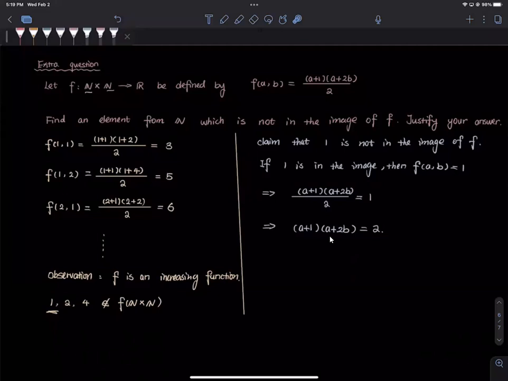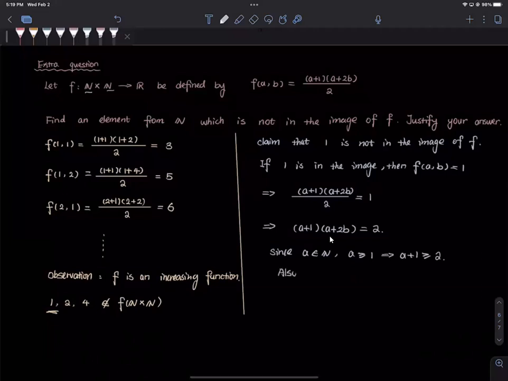So I'm going to say this. It's similar to what you said. Since we can definitely use your argument, since a is a natural number, which means a is greater than or equal to 1, this leads that a plus 1 is greater than or equal to 2.